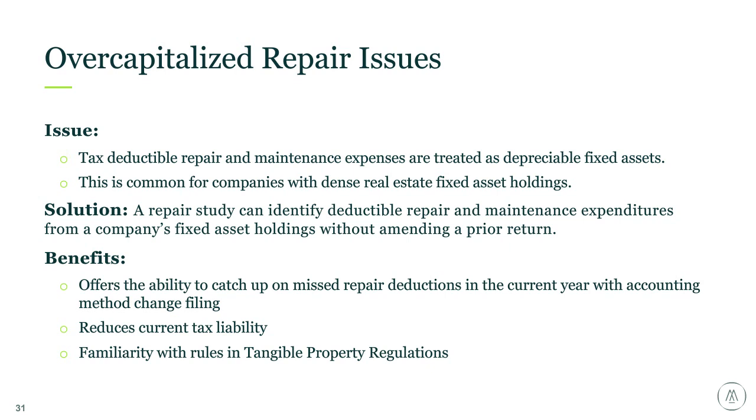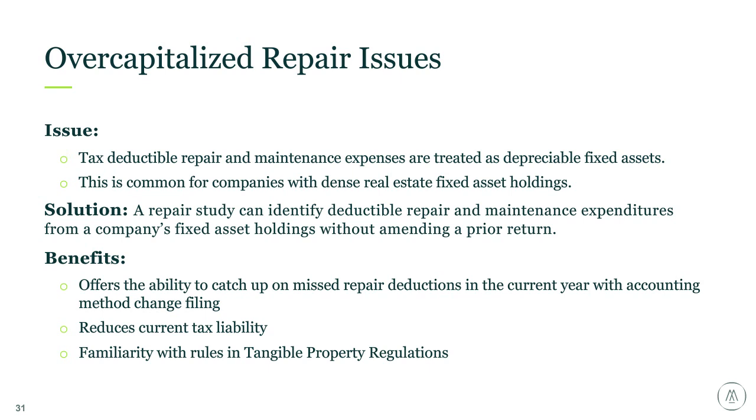Also important to note that we could go ahead and claw back into prior years, not just limited to current year, but we could also go back and look at any assets placed in service in prior tax years that might be deductible repair and maintenance expenditures and go ahead and write off the net tax basis on our current year tax return to catch up on those repair and maintenance expenditures. That's done again with an automatic accounting method change request.